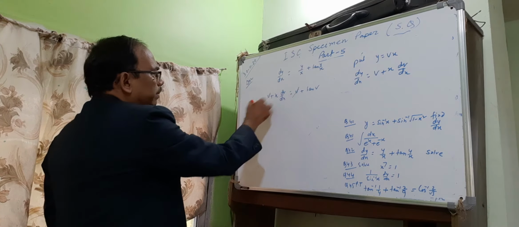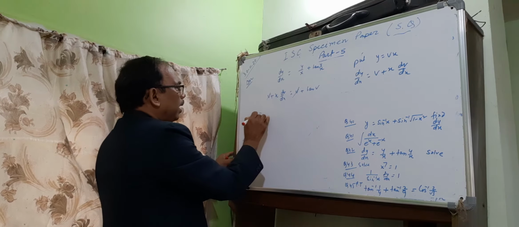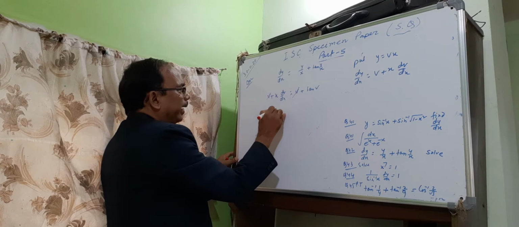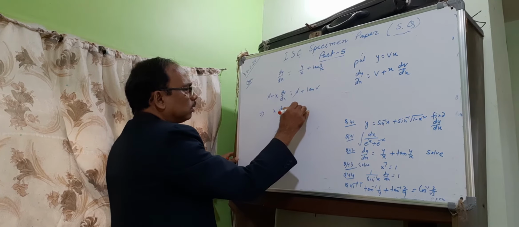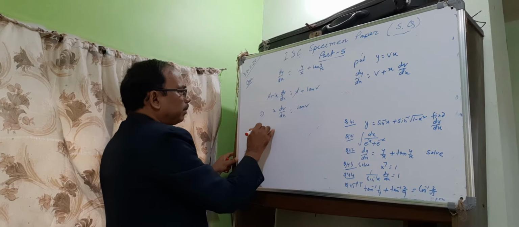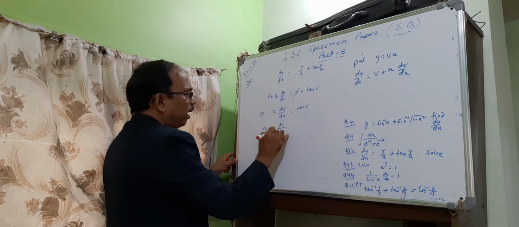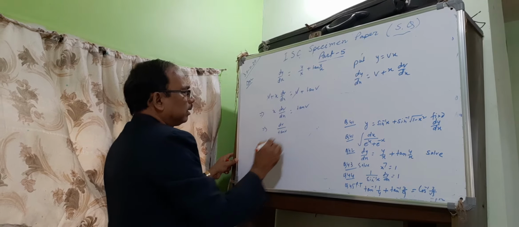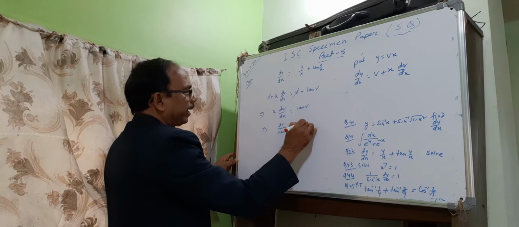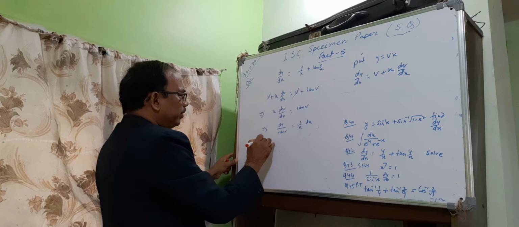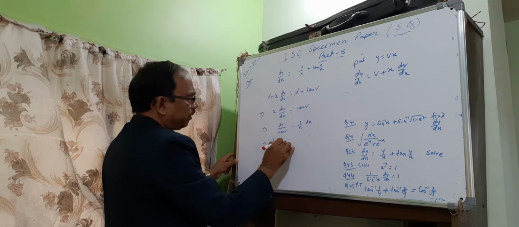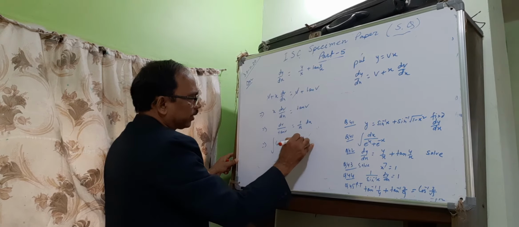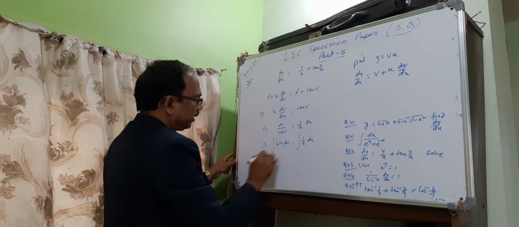Then this v is cancelled, which implies x dv by dx equals tan v, which implies dv by tan v equals 1 by x dx. Now integrating both sides, integration of cot v dv equals integration of 1 by x dx.